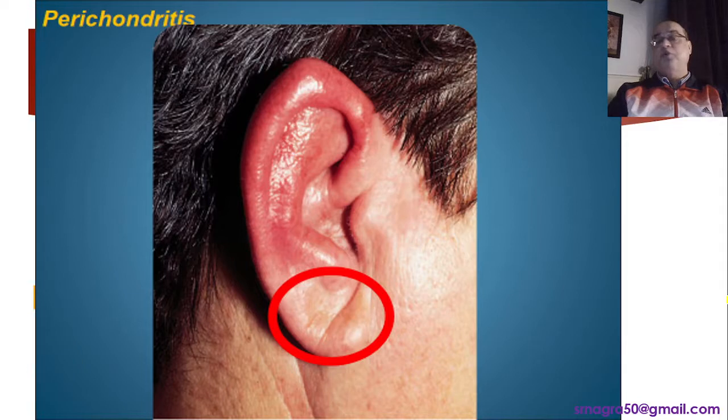But here the lobule is spared, because from the anatomy we just discussed, the lobule does not contain cartilage, while perichondritis means infection of the cartilage. So only the upper part of the pinna is involved, and there is a clear demarcated line between the infected perichondrium and the normal lobule.